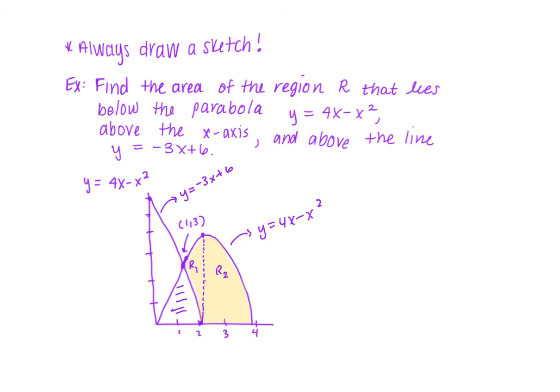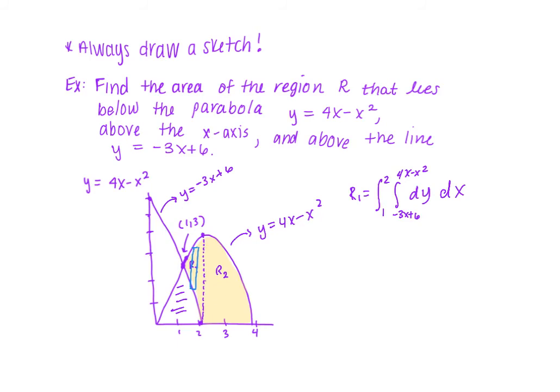So for region 1, I'm going to do a vertical integral here. So the bottom of my y is the line negative 3x plus 6, and the top is 4x minus x squared. And then I'm going to do dx, and the bottom is 1 and the top is 2.